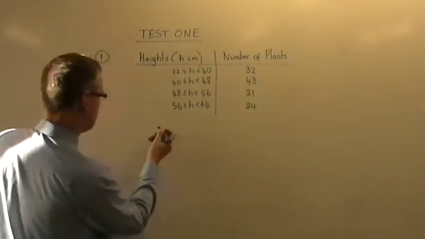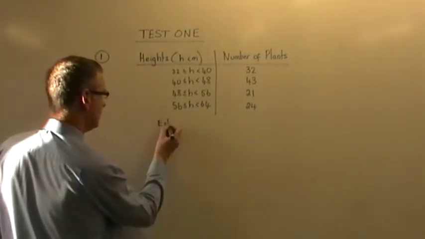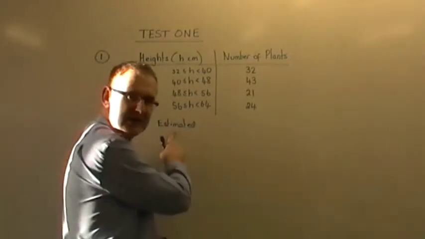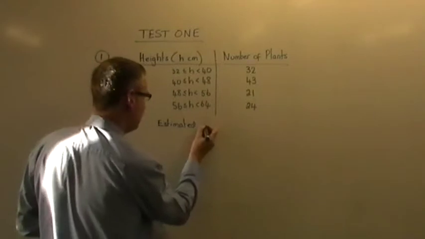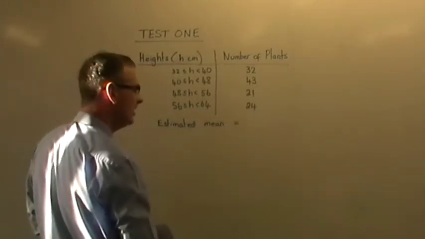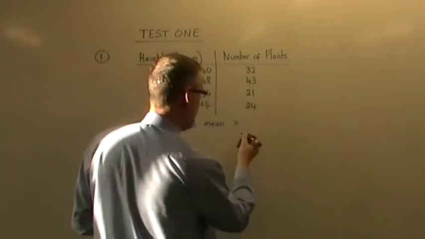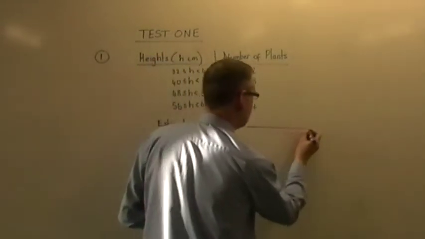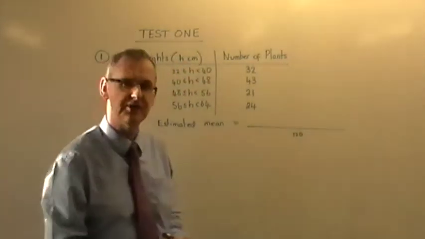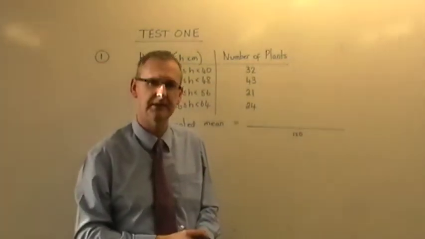So my first line of calculation would be to say that the estimated mean, and I'll explain why it's estimated and not exact in a minute, the estimated mean height is going to be equal to, I'm going to add up some numbers and then afterwards I'm going to divide by 120 because there's 120 plants in the question.